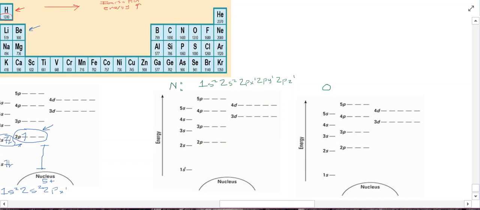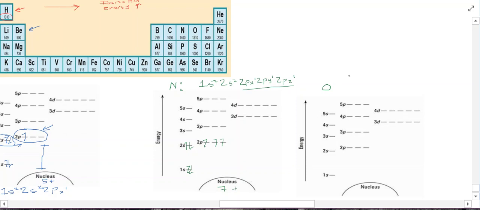So what does that look like? You have 2 electrons here, 2 more electrons here, and then the three remaining electrons, 1, 2, 3. So it has 1, 2, 3, 4, 5, 6, 7 protons, or 7 positive charges here.